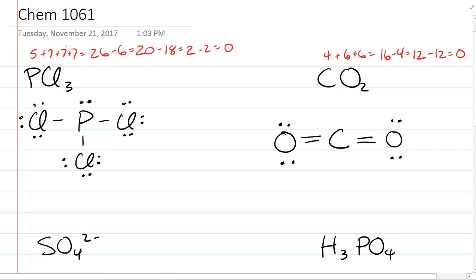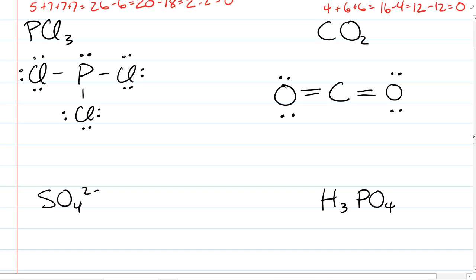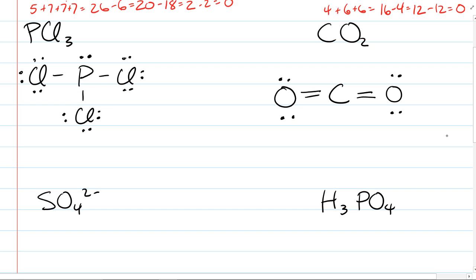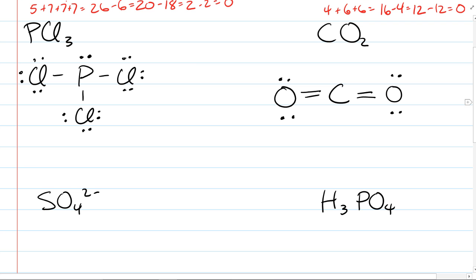Yes. I'm still a little confused why carbon has 4, because I thought there's only 4 valence electrons, but there's 4 lines. Right. Okay, so carbon will ordinarily form 4 bonds because it has 4 valence electrons. And one of the things that might help you is like this.